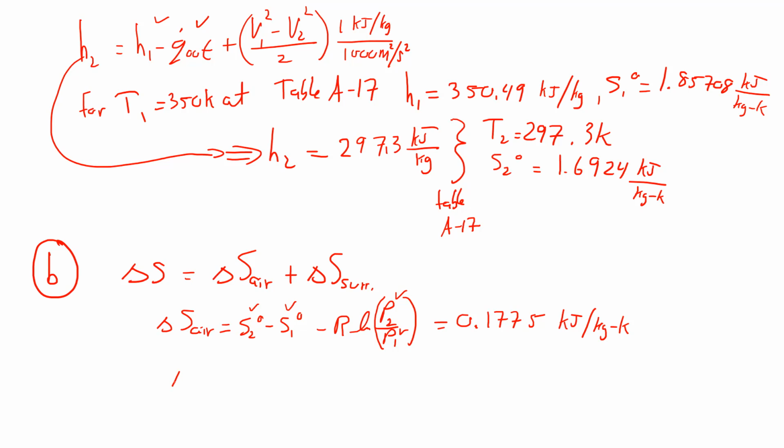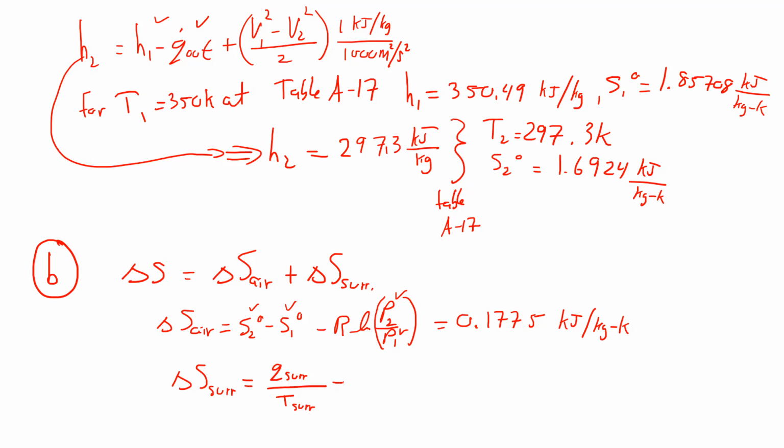Then you can go ahead and find the entropy change of the surroundings. Now, the entropy change of the surroundings is due only to the fact that you have heat being added to the surroundings, going to the sink.